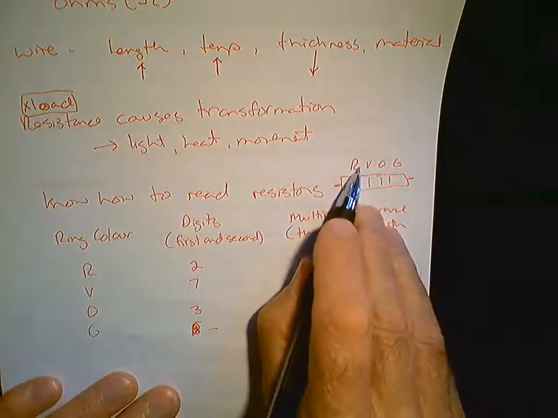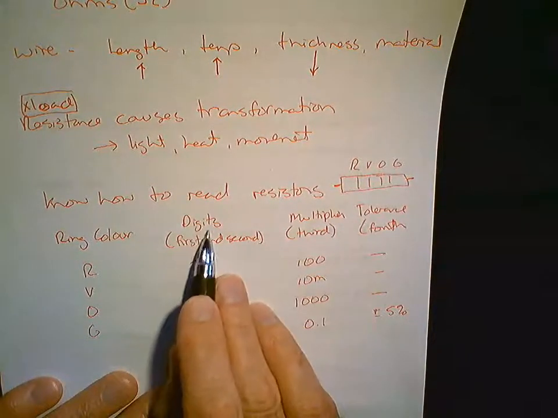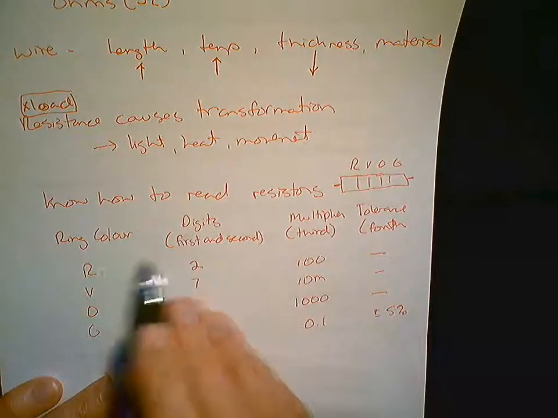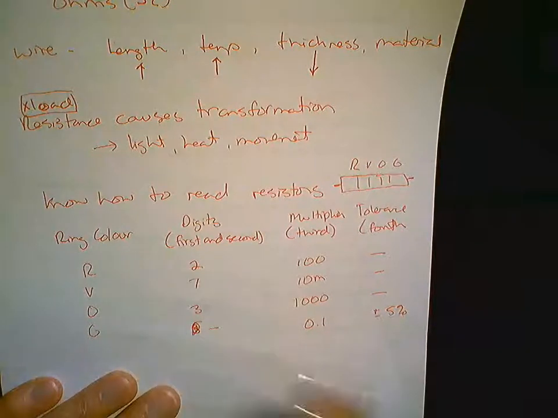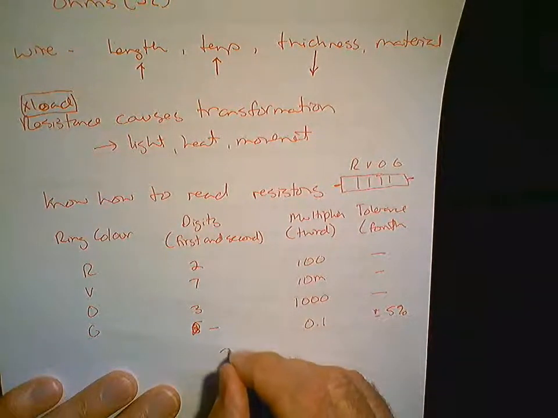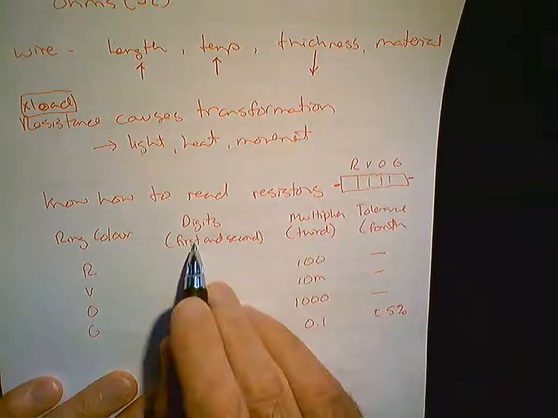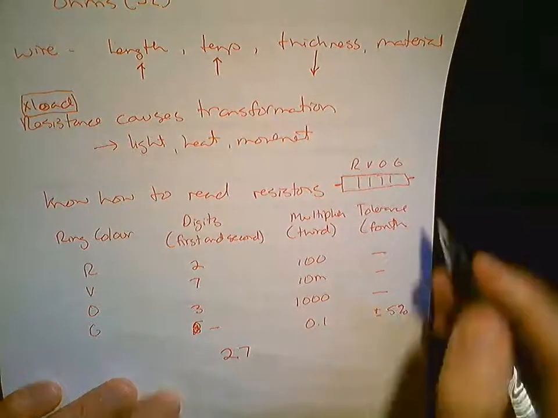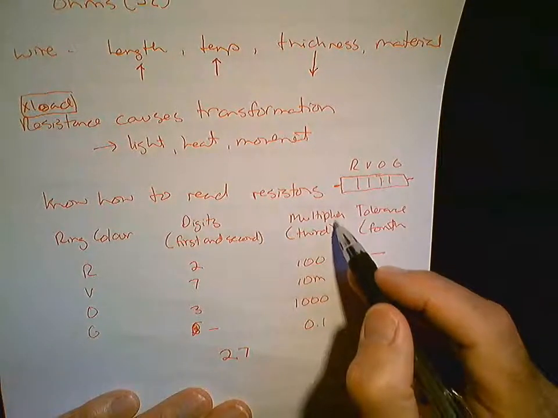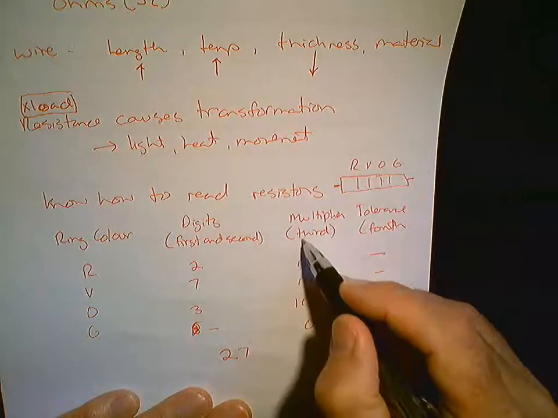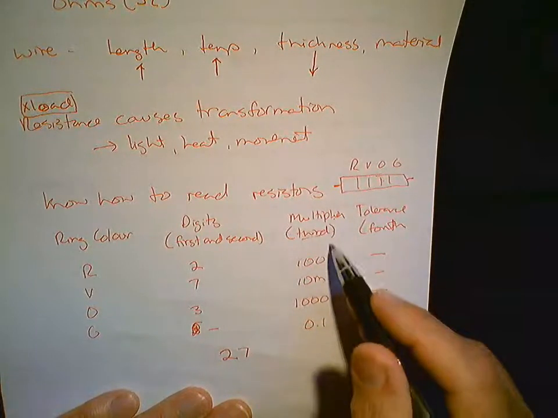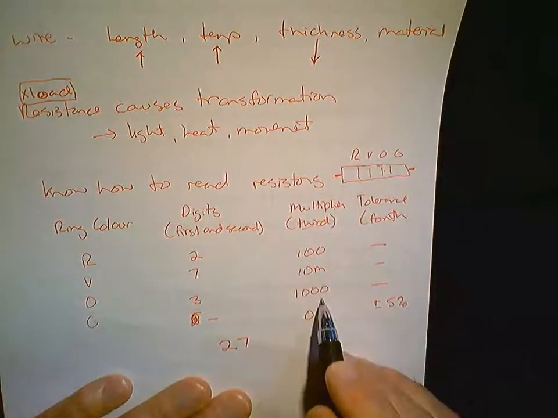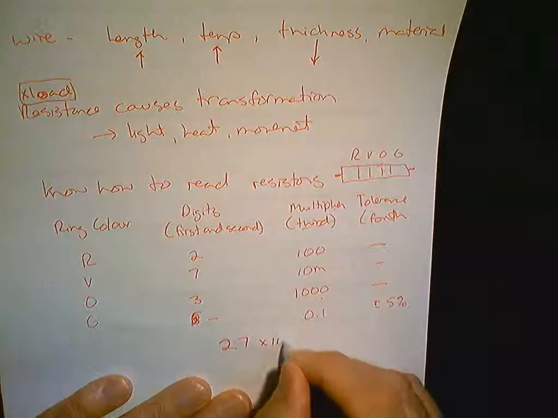From left to right, the first one is red. For the first and second colors, you go to the column that says digits. Red is 2, so I'm going to write a 2 down. The second one is violet. Violet is 7. For the third color, orange, we go to the multiplier column. It'll say third in brackets. Its multiplier is 1,000.